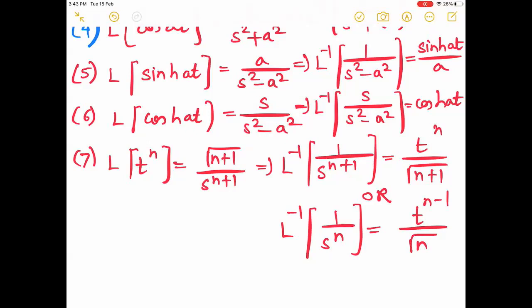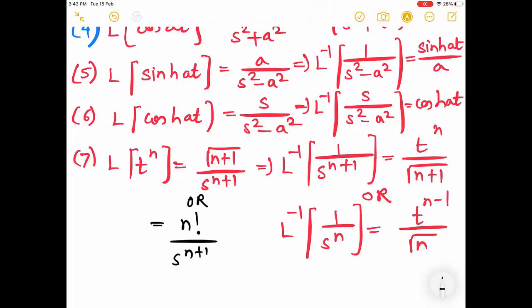Any difficulty? Only the formula I have written, how in the reverse way you can get the answer as a function of t. Similarly, the left side of this last seventh formula is also in the form of factorial notation, so n factorial upon s raised to n plus 1.